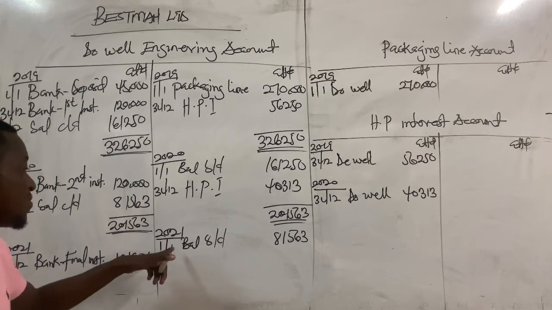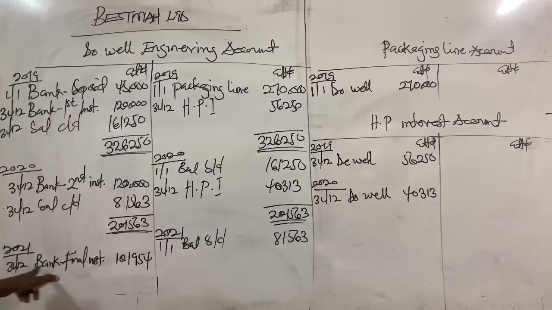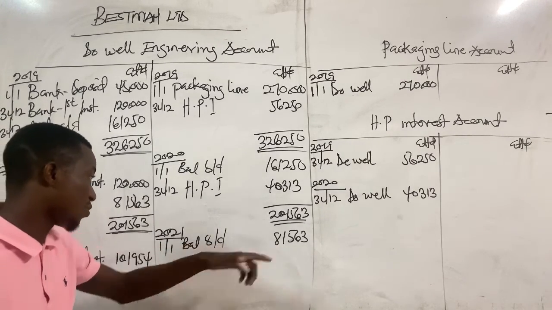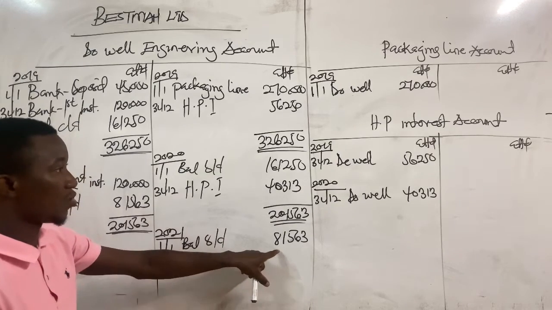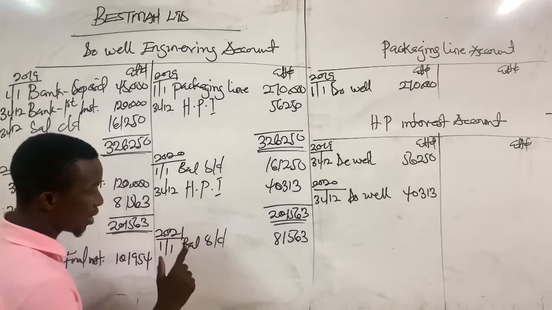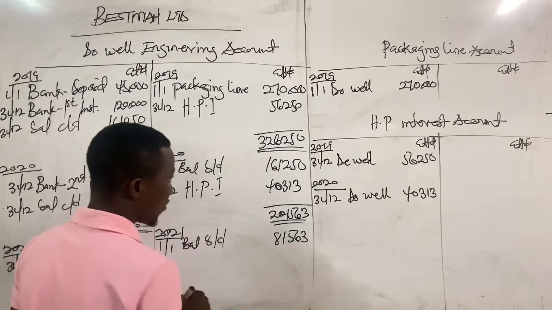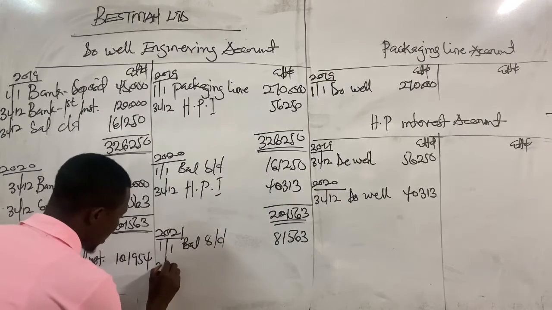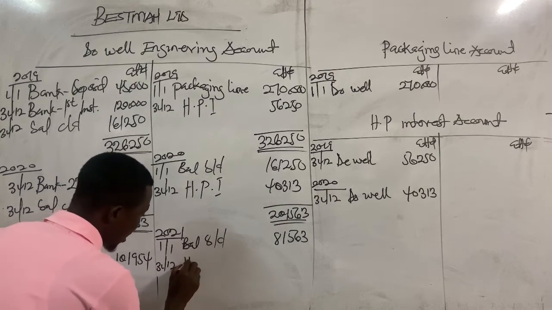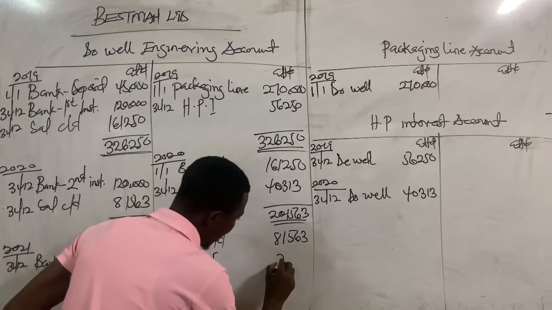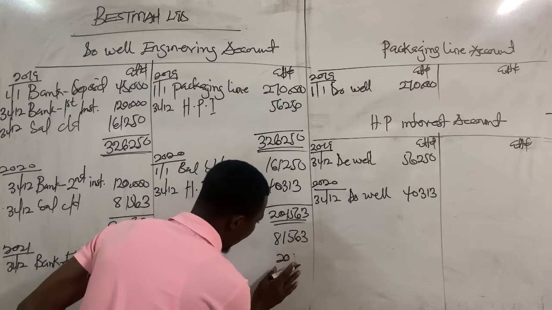And now we have to determine the interest component at the end of 2021. And payment has been made at the end of the year. So we calculate the interest on this amount, the balance brought down. And 25% on this will give us an amount of 20,391. Very good. So that will be 31st December. So hire purchase interest will be 20,391.